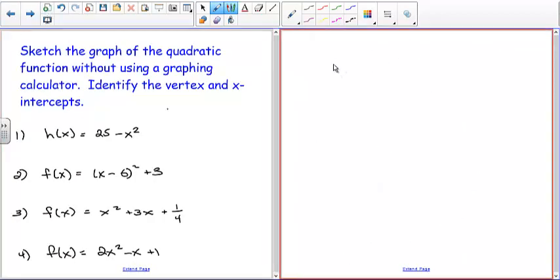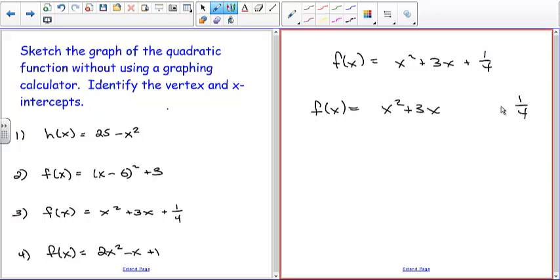Okay, the next one is not in standard form, so we're going to need to do that. So the question is, how do we come up with the standard form? This is where completing the square comes into play. So we would take x squared plus 3x and put a quarter over here by itself.